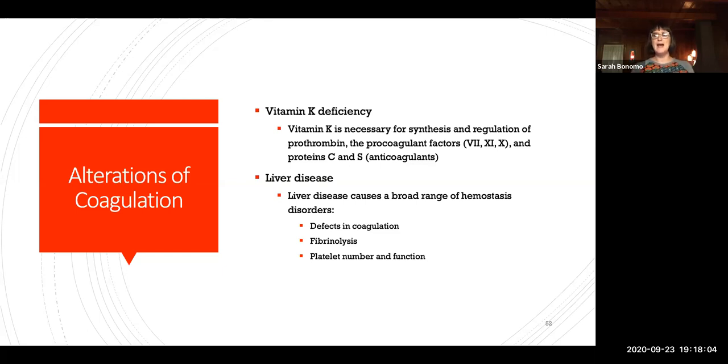So when we have liver disease, we get a defective ability to coagulate. We have a problem with fibrinolysis, and we have a problem with platelet number and function. So we want to be aware that any of our patients that have liver disease, we need to pay attention to their risk for bleeding.